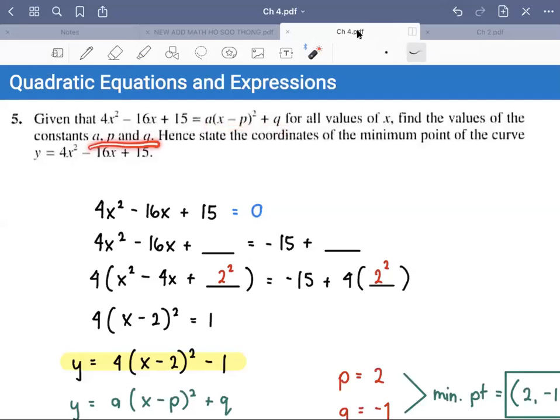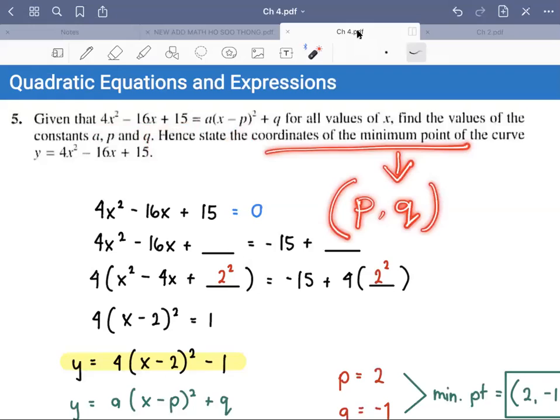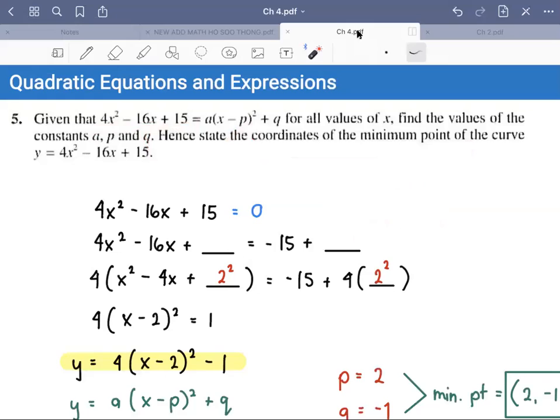So you need to change this equation to this completed the square format, and then find the values of a, p, and q from there. Once you get the values of a, p, and q, you need to state the coordinates of the minimum point. The minimum point can be found by finding the value of p and q, and then that's it. You don't have to sketch. So how did I answer this question?